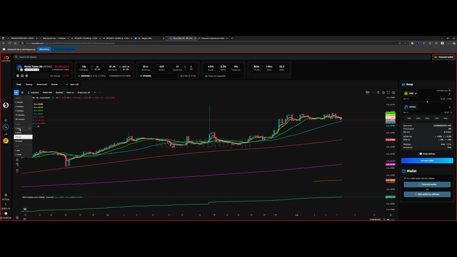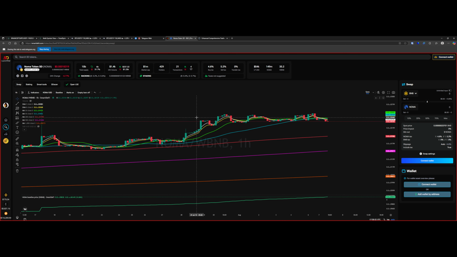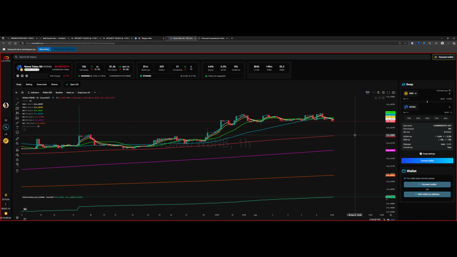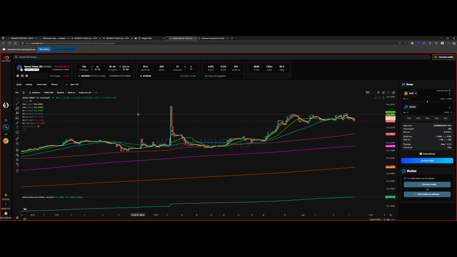I'll use the hourly, and on the hourly we can see that it has failed the 20 and the 50. So I'm inclined to think it might want to find this level on the 1 hour. You can pull it back a little farther, and it's pretty much the same look.